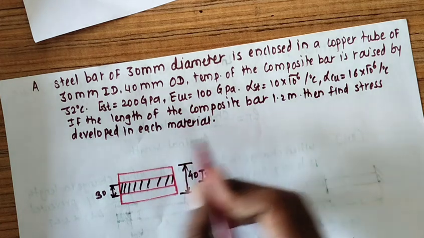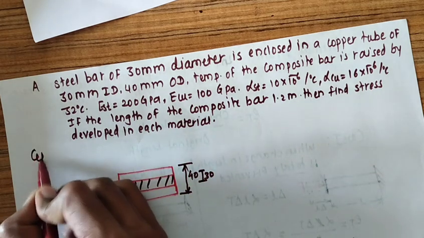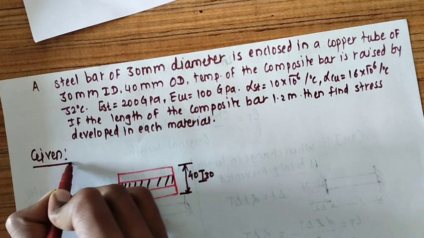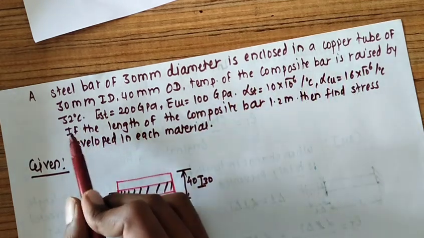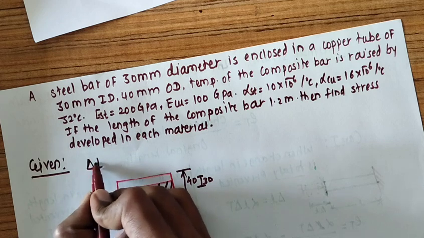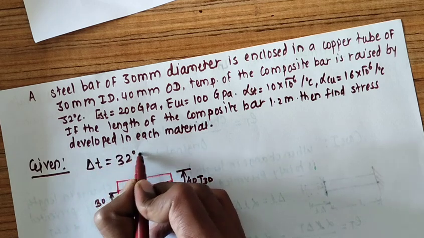So these dimensions are given. Along with that, the temperature of the composite bar is raised by 32 degrees Celsius. So change in temperature delta T is equal to 32 degrees Celsius.